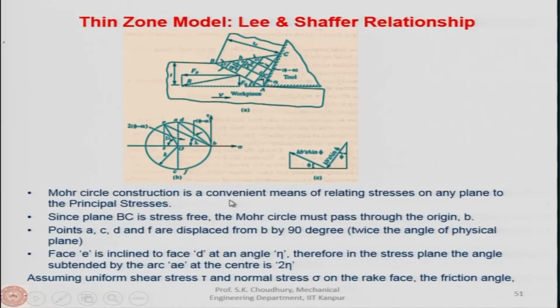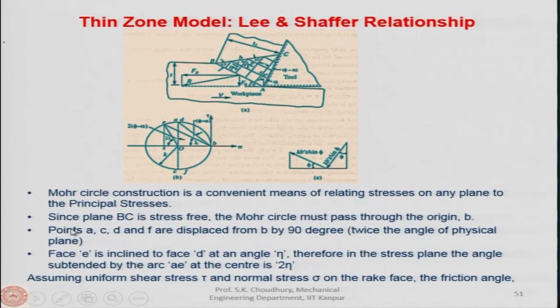For some reason this axis system can be selected in such a way that shear stresses are 0. Then all the normal stresses which are acting can be called principal stresses. So, here the Mohr circle diagram is a convenient means to relate the stresses on any plane to the principal stress.